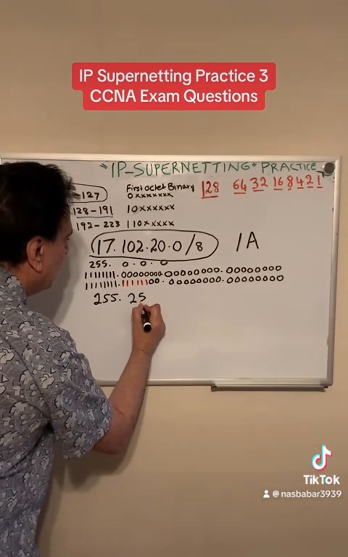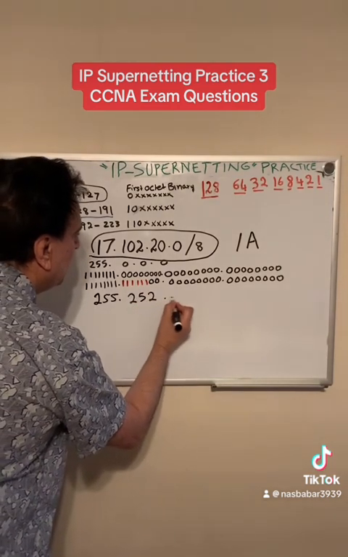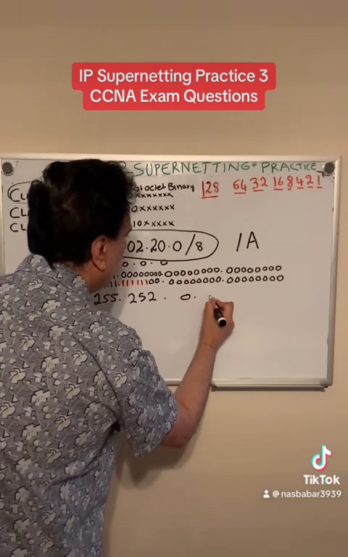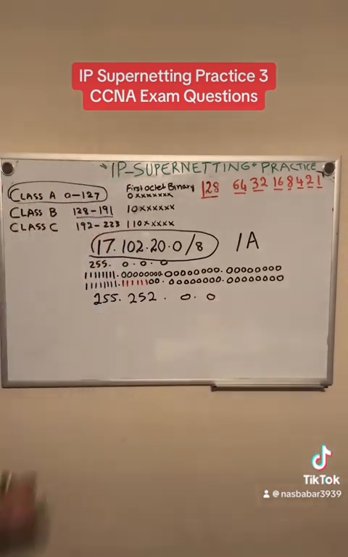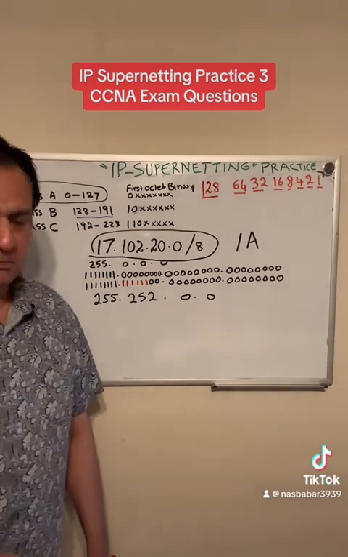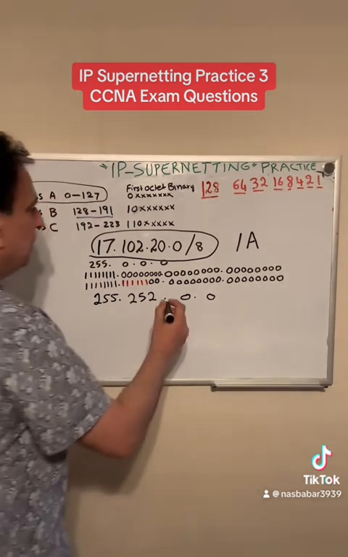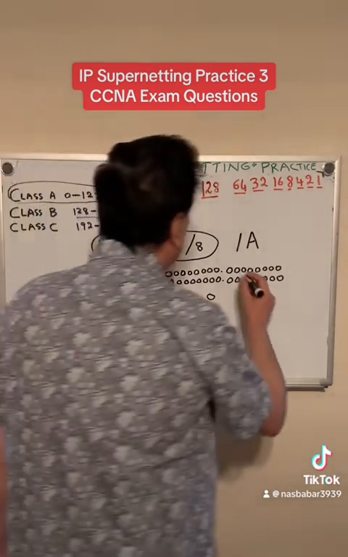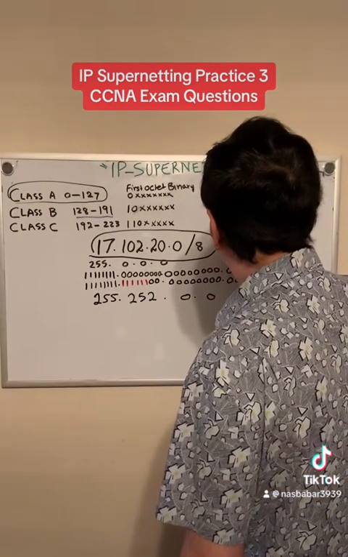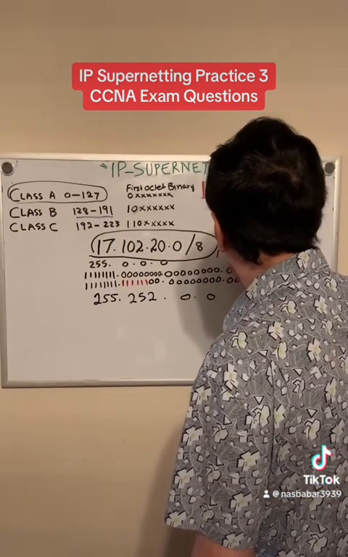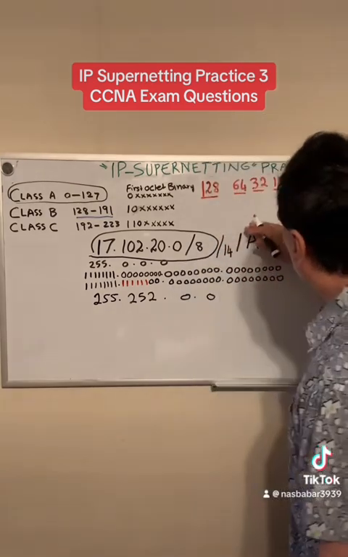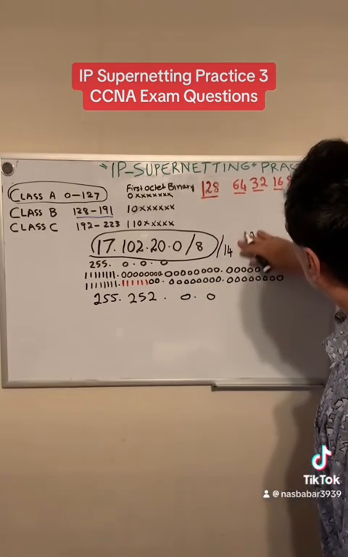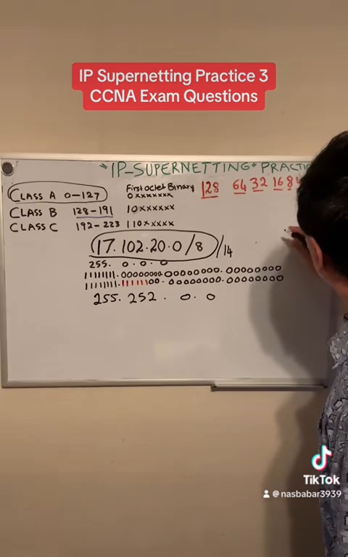So I have 252, and then these stay 0 and 0. This is my new subnet mask. And if you think about it, 8 plus 6 is 14, so the new subnet mask becomes /14.